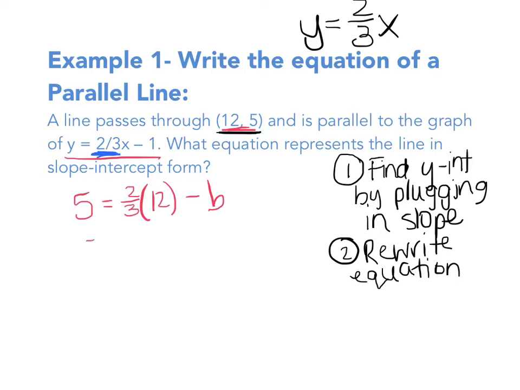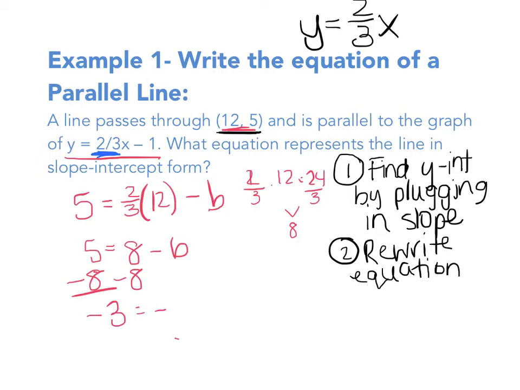So now I'm going to evaluate, and I have 5 equals 2/3 times 12, which is 24/3, which equals 8. So 8 plus b. I am going to take away 8 from both sides. This is negative 3 equals b.